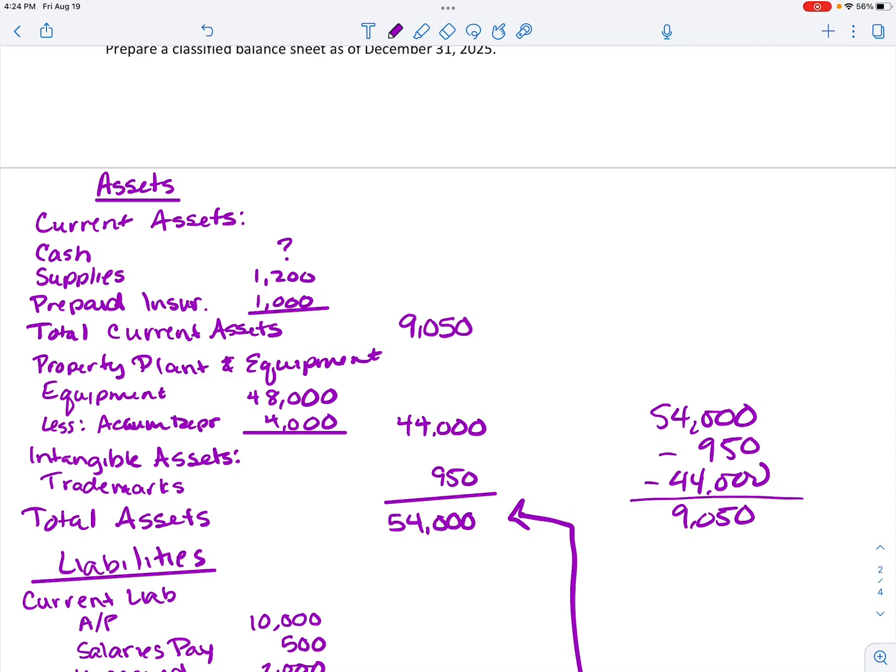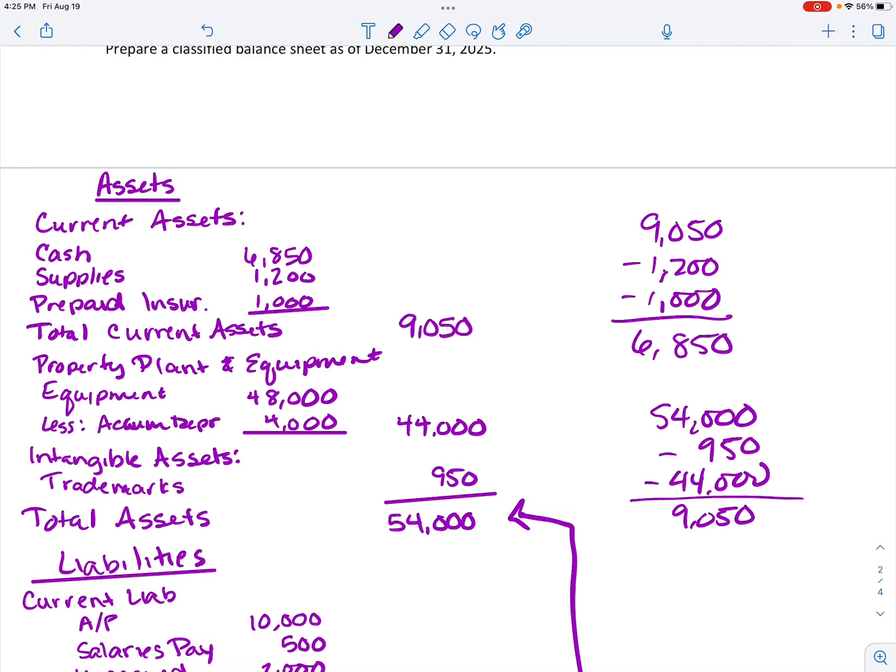And therefore, I can go ahead and subtract those two numbers. Oops. Not that two. That doesn't change. But I take that 9,050. I can subtract that 1,200 and the 1,000, which would give me a total cash balance of 6,850.